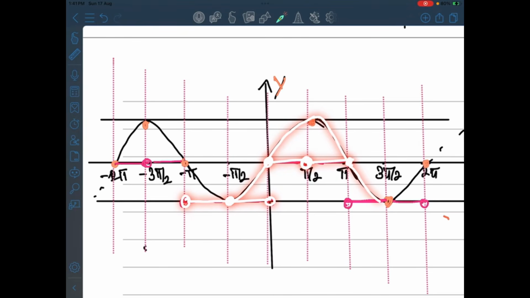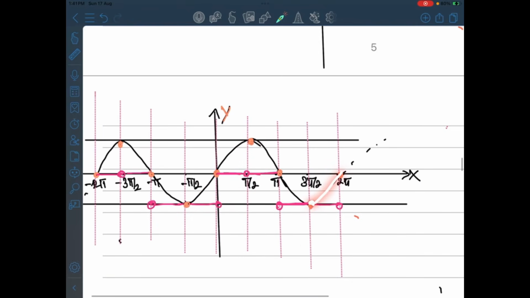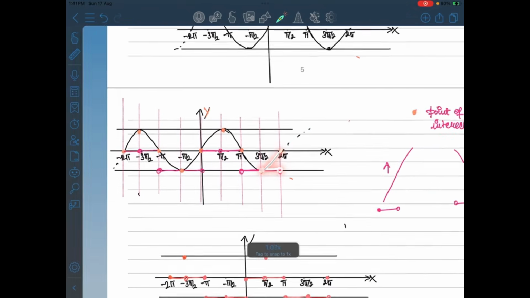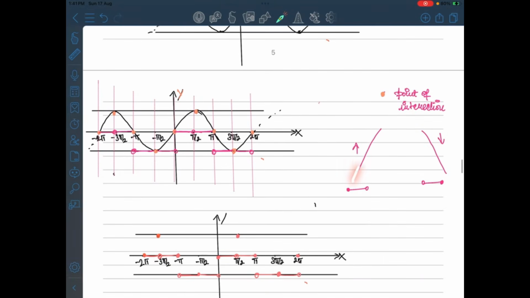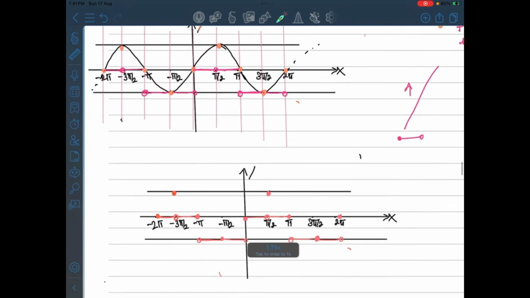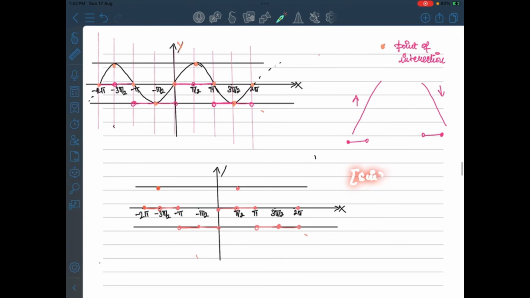Decreasing, come below, hollow. Increasing, solid to hollow. That's what I have written here. Whenever it is increasing, from that point solid to hollow. But if it is decreasing, you will come one line below. From there you will do hollow to solid to the next point of intersection. And this is the graph for mod of sin x, as you can see.